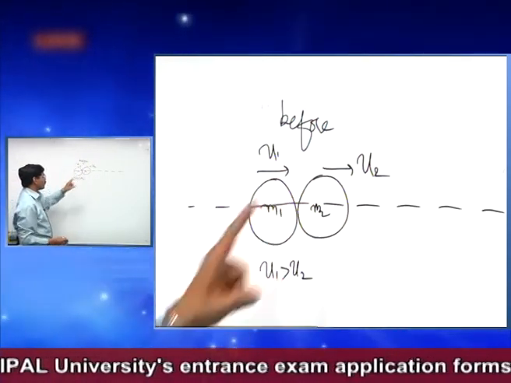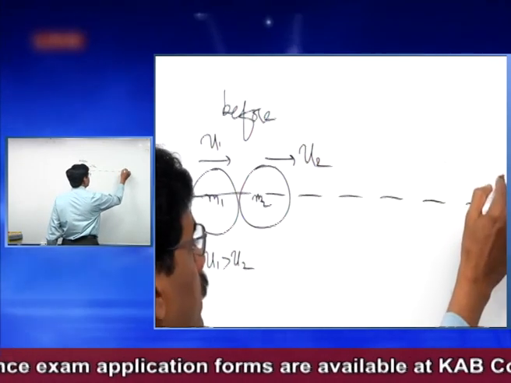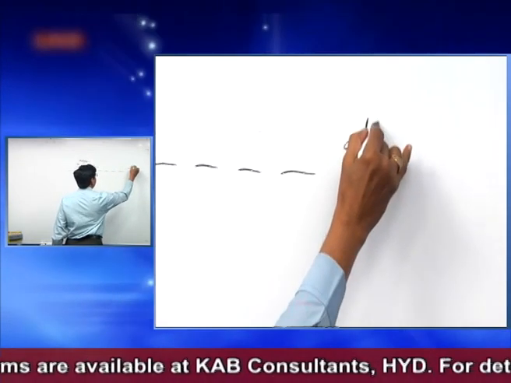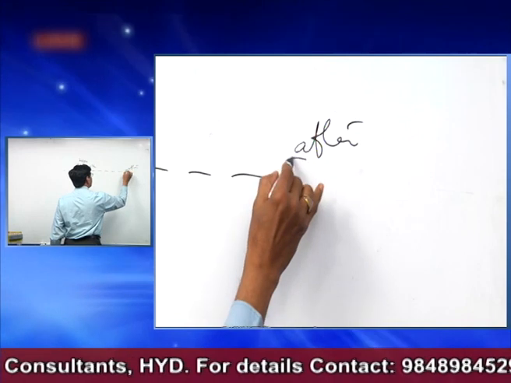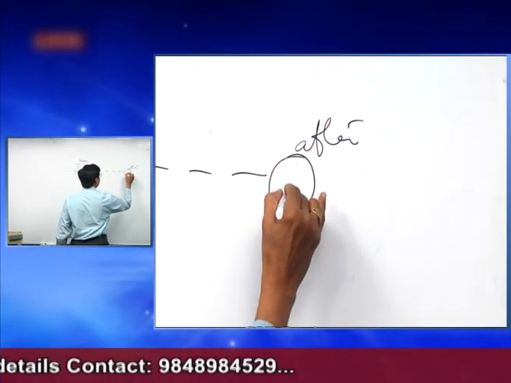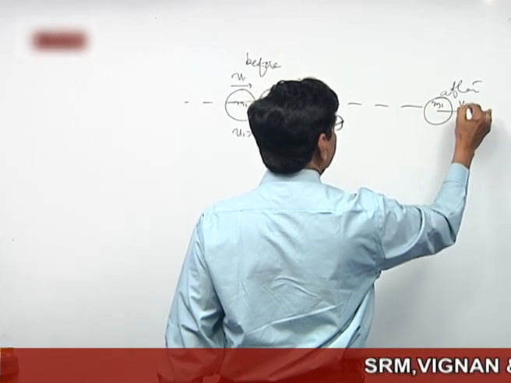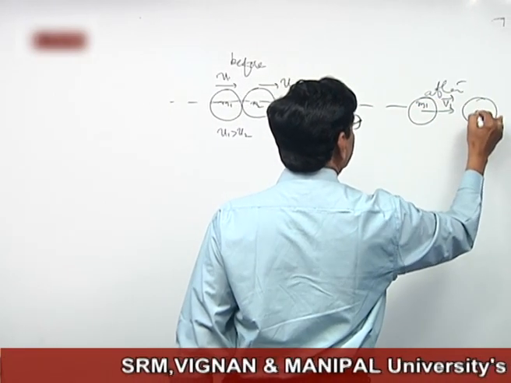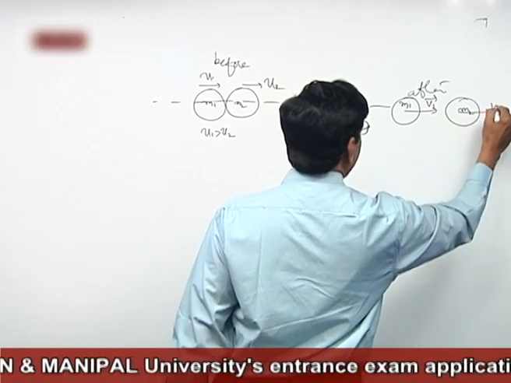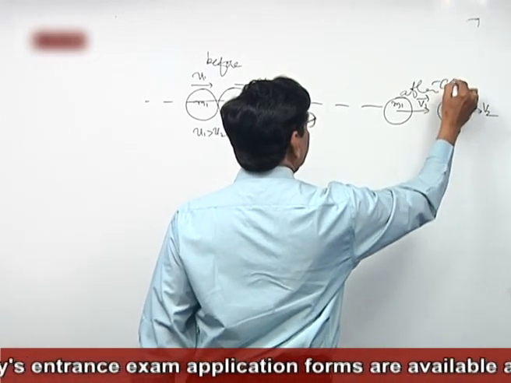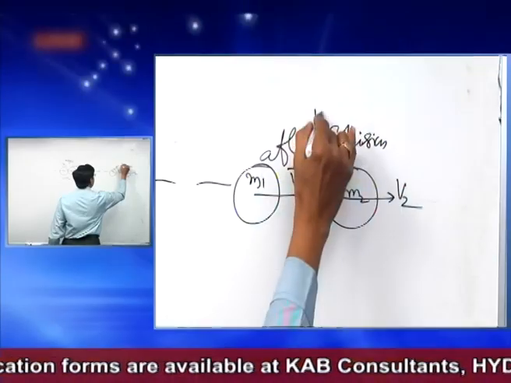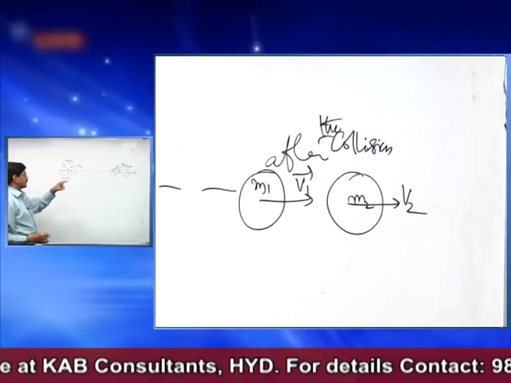After collision takes place, let us assume the velocity of m1 becomes v1 and m2's velocity becomes v2. These are the velocities after the collision.